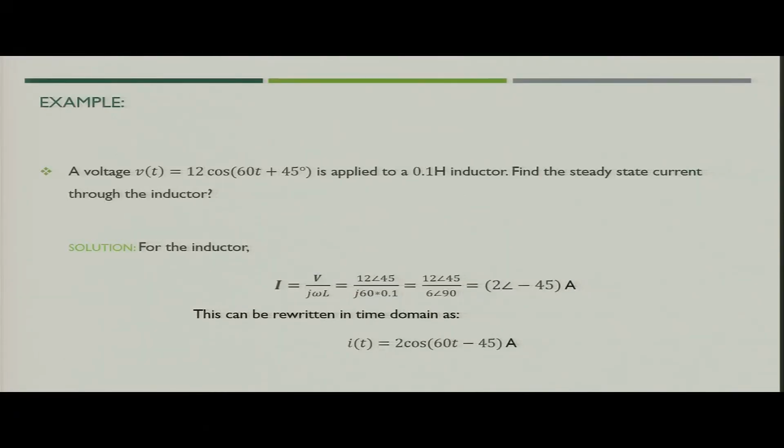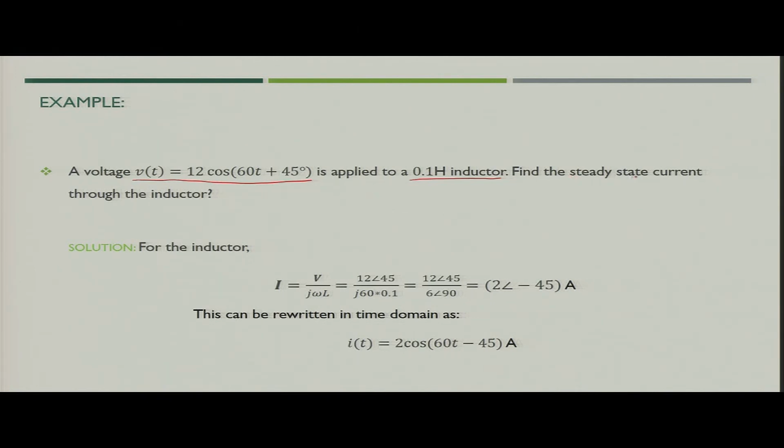Now, let us take one example so that you can better understand the term phasor. Suppose voltage V is equal to 12 cos(60t plus 45 degree) and is applied to one inductor having a value of 0.1 Henry.